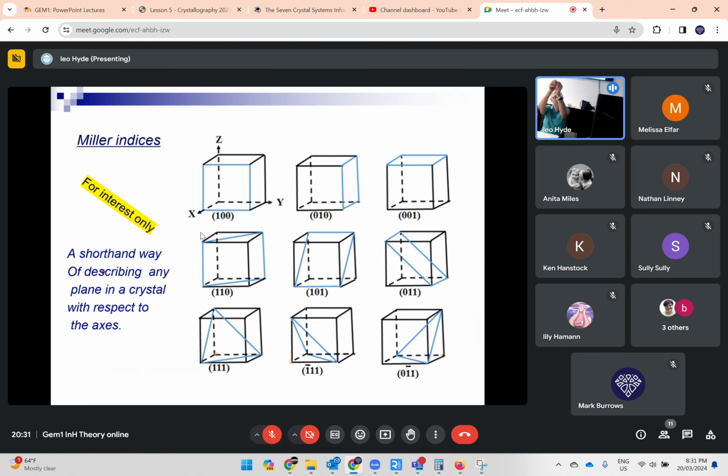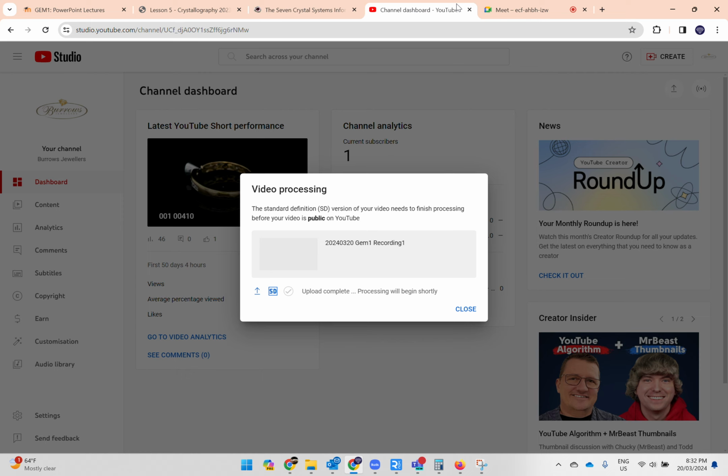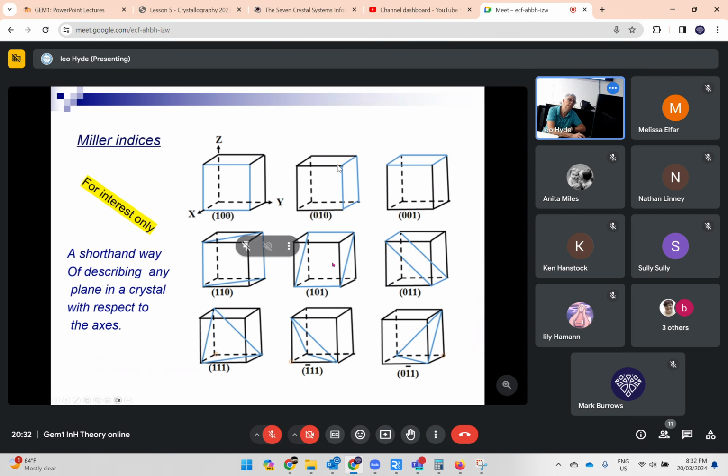Miller indices, they're talking about the point with the A, B, and C, and they talk about how you define each of the directions. And in this, even though they're talking about Miller indices, you can see sometimes how they can divide a crystal to see planes of symmetry. See those? You can see planes of symmetry with those, can't you?